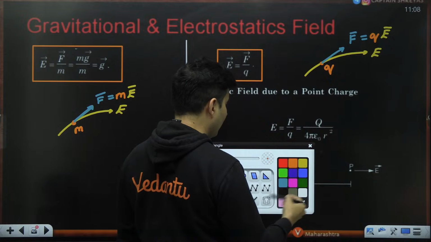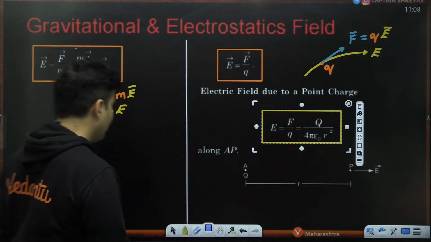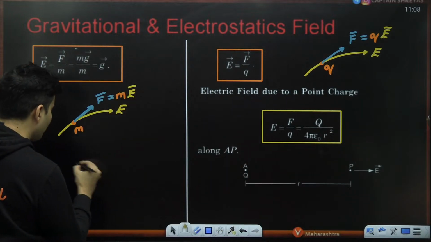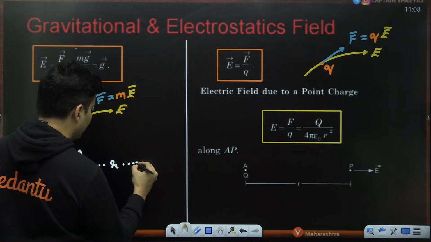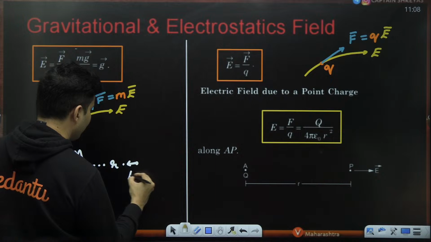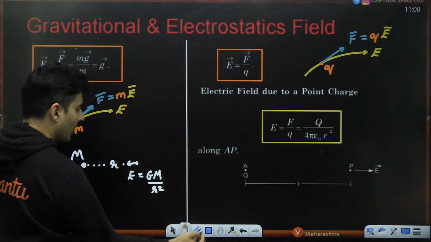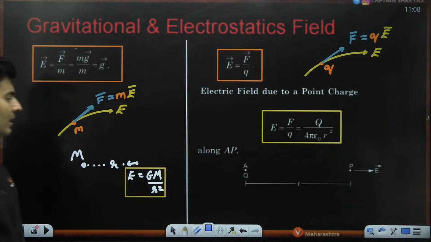So the electric field due to a point charge is just kq by r square. Whereas in terms of gravitational field due to a mass, if there is a mass over here, there is a distance, and here you're trying to find the gravitational field, then that will be GM divided by r square.